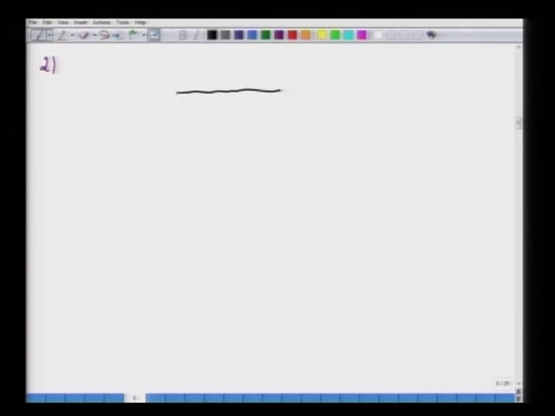Now, I will just make a box for you, so that I find it very convenient when I make a box and try to put all the values over here. It is not necessary that you also do it in the same way. So, what we are doing, say 10 kg mole of calcium carbonate, they are entering at 298 Kelvin, right.